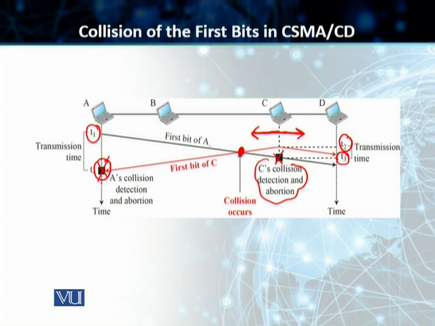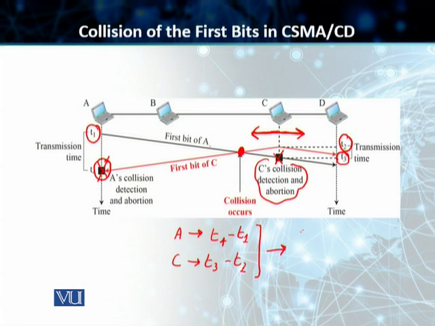So students, if you look at this example, A has transmitted for a duration of T4 minus T1, and C has transmitted for a duration of T3 minus T2 before they detect these collisions and then abort.